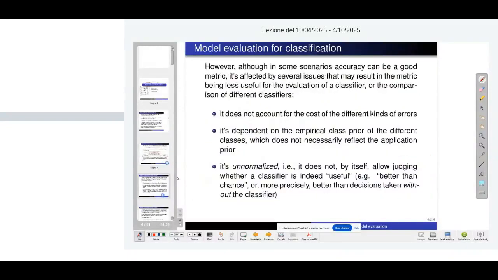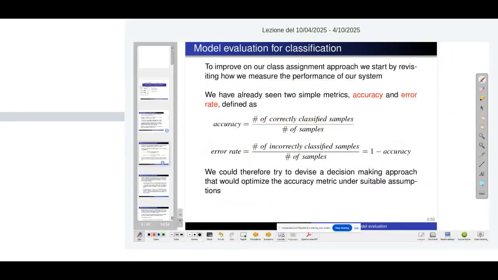Now, accuracy has actually several problems if we use it like this. For example, we just discussed not all errors are equal. How is the error rate defined? Number of incorrectly classified samples divided by the number of samples.